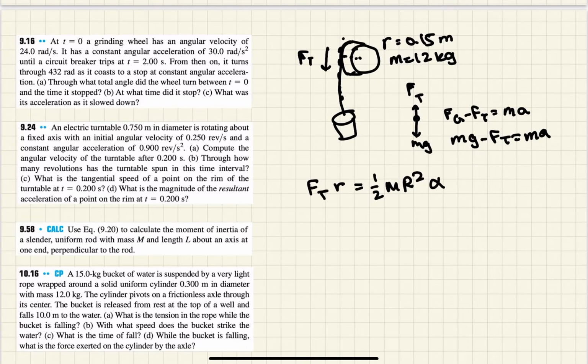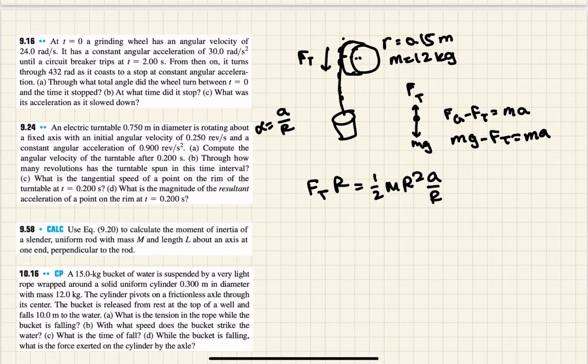And then times alpha. And we know alpha is equal to the acceleration divided by the radius. And again, for consistency's sake, this is going to be big R because I used that later on without realizing it. So alpha is acceleration over radius, because we know linear acceleration, or tangential at least, is equal to alpha times radius.